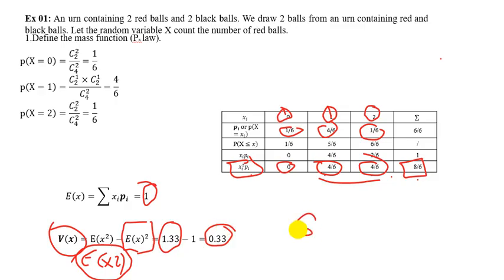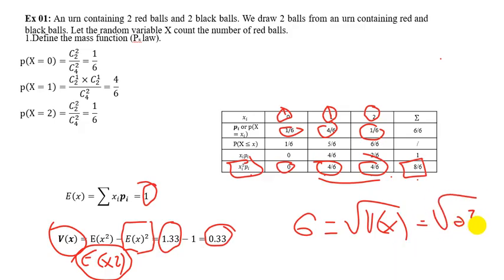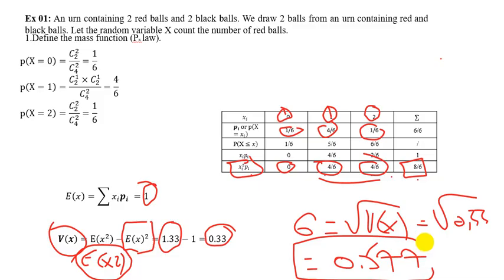Then we have the standard deviation, which is simply the square root of V(x), which is the square root of 0.33, and it equals 0.577. This is the standard deviation.